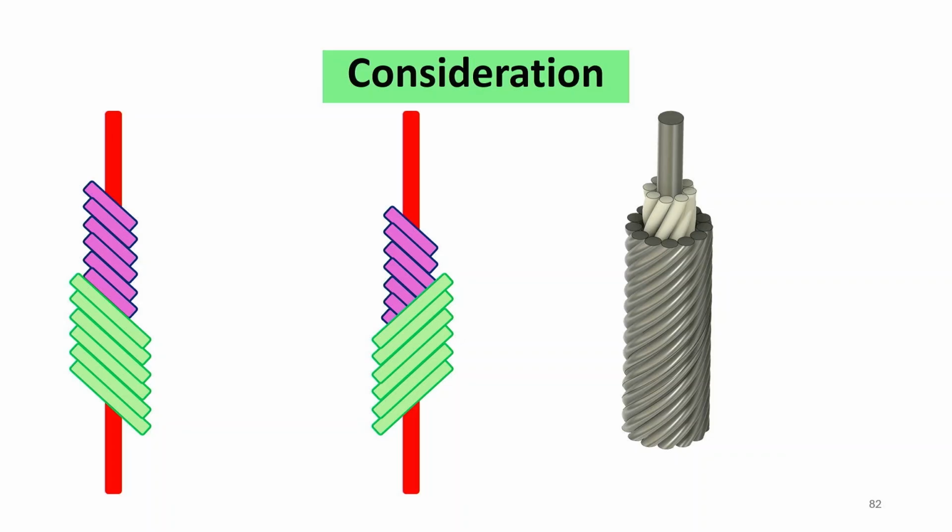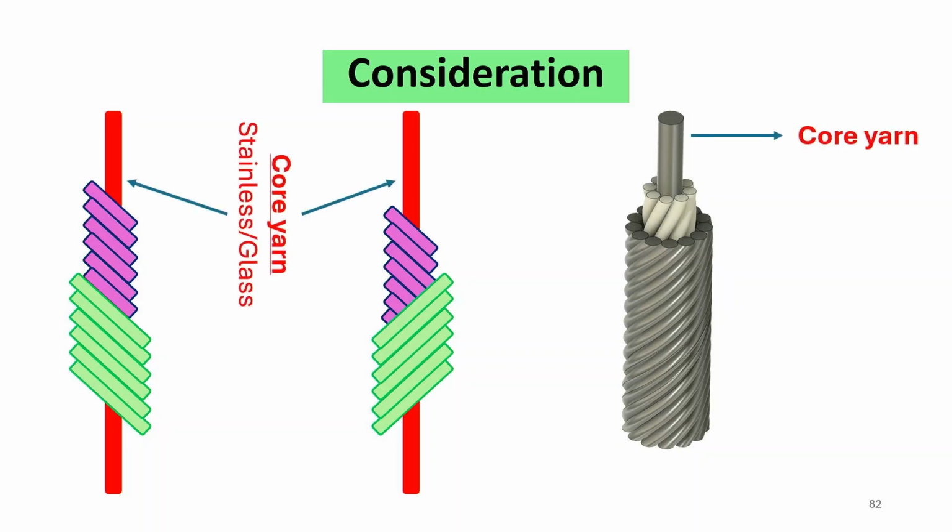These yarn structures are made of 3 layers. At the core we have filament, either stainless steel or glass core.